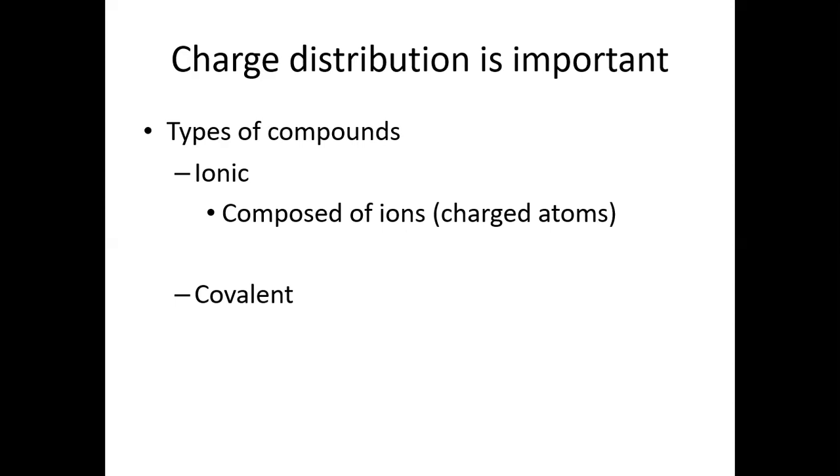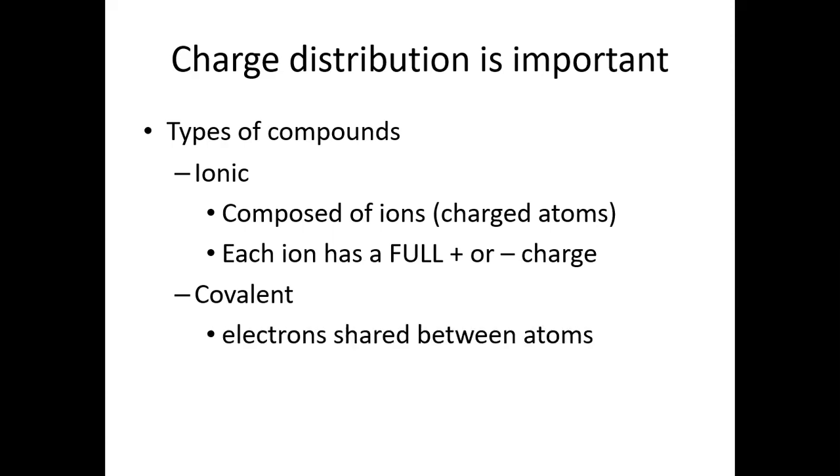Something like sodium chloride: sodium donates its one valence electron, and so now you have a sodium cation with a plus charge. Then you have a chloride anion, which now has an extra electron and a minus charge. So when we have these ionic compounds, there's a difference in charges. Each ion has a full positive or negative charge.